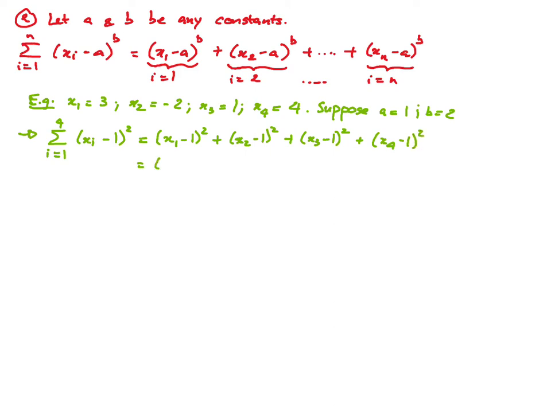So you plug in numbers. This is (3 minus 1) squared plus (negative 2 minus 1) squared plus (1 minus 1) squared plus (4 minus 1) squared.